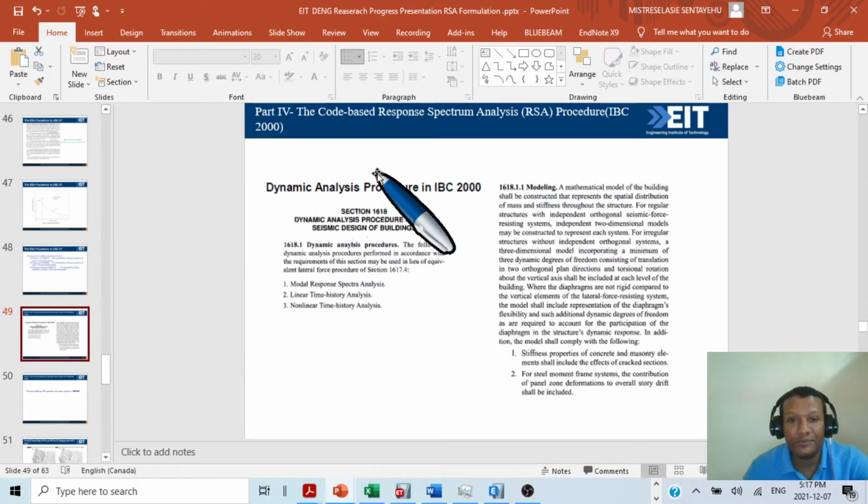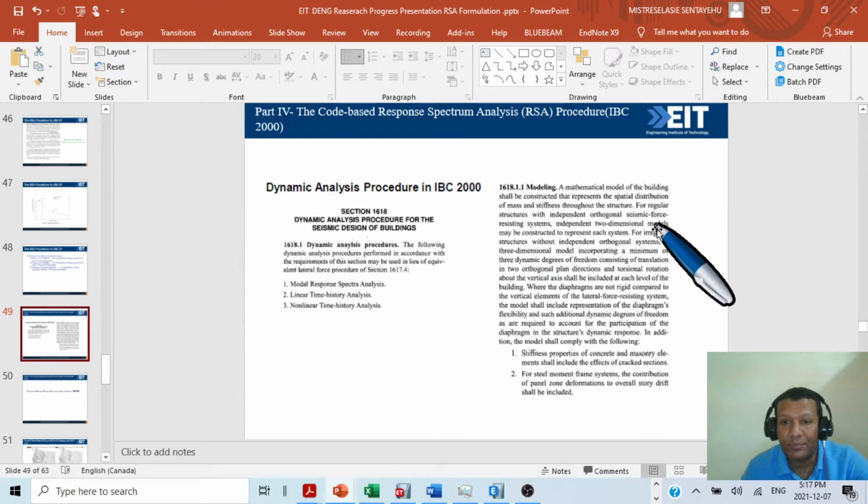This is also a response spectrum as per the IBC code. IBC also has its own code. They recommend modal response spectrum analysis, linear time history analysis, non-linear time history analysis. Modeling: this is the modeling part.